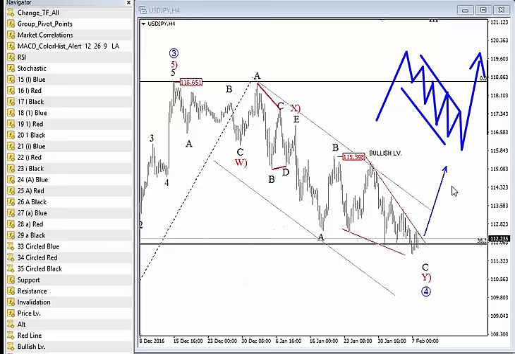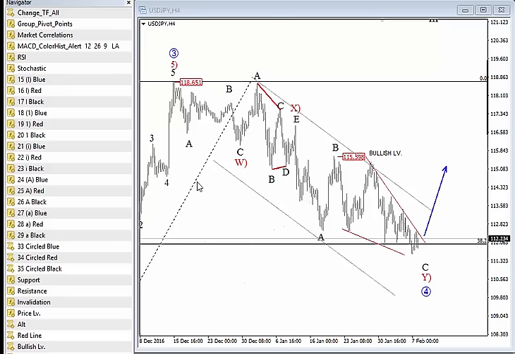And clearly this is what I'm tracking here. I see ABC in W, then a running triangle for wave X. A running triangle, as you know, is also structured by 5 waves, but wave B moves into a new extreme, beneath the starting point of wave A, which was here. So still a sideways price move, and then you had another 3-wave drop.